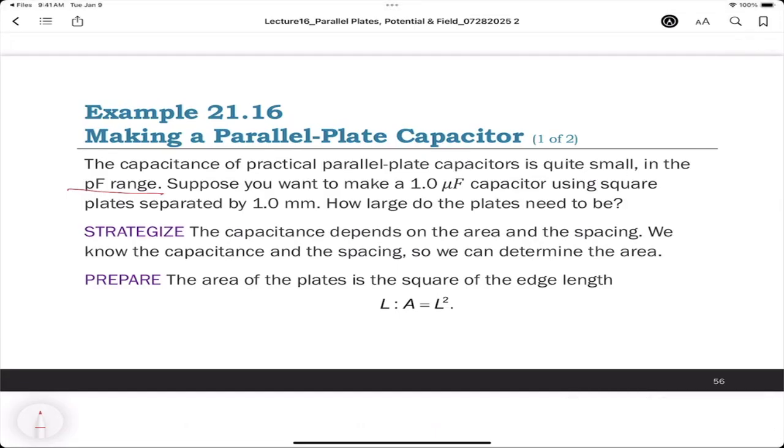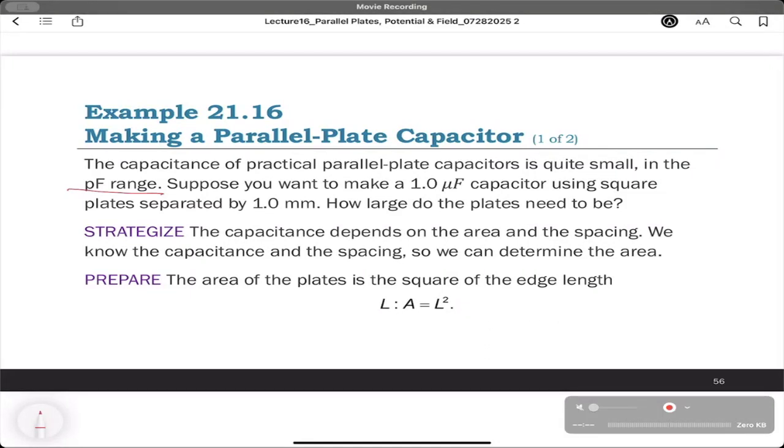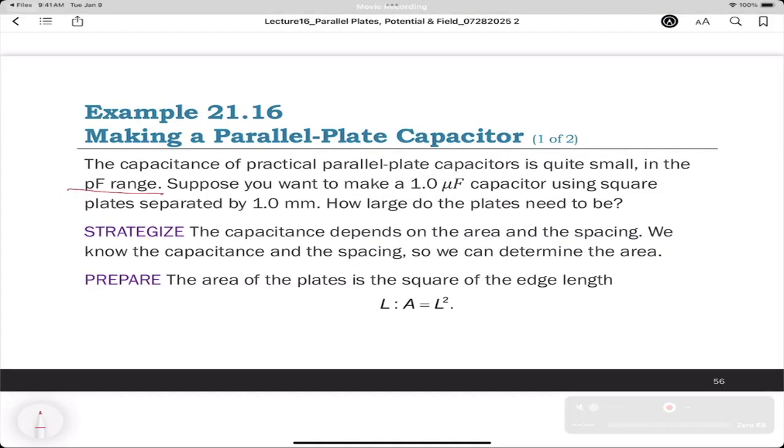Try to think of it. Actually, the pF range is 10 to the power negative 12 F. It's around like this.